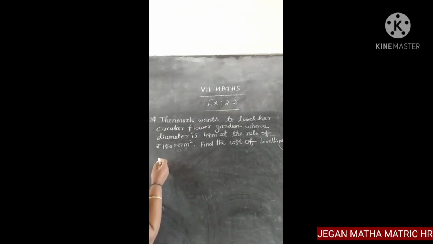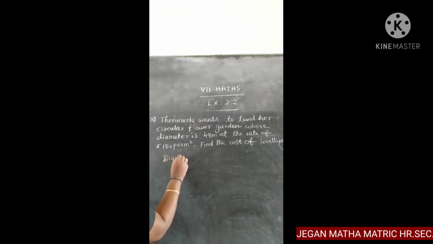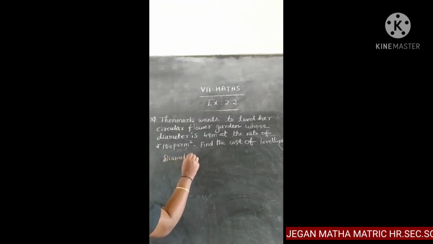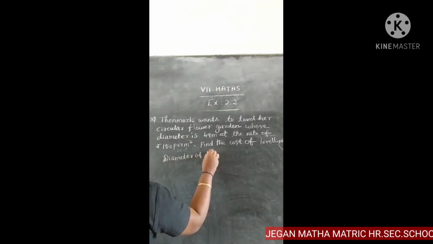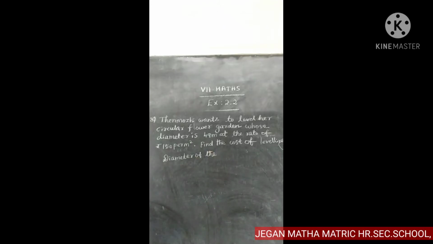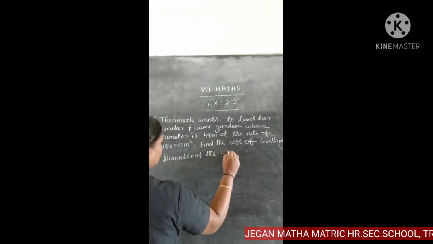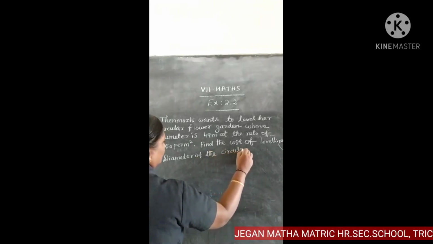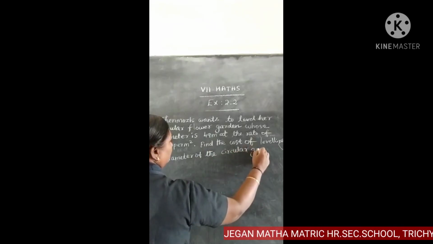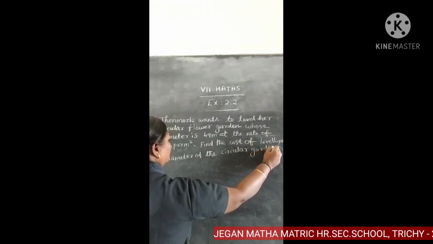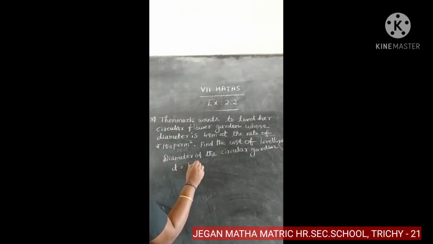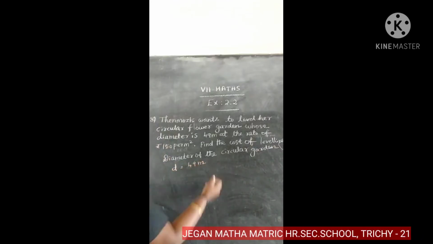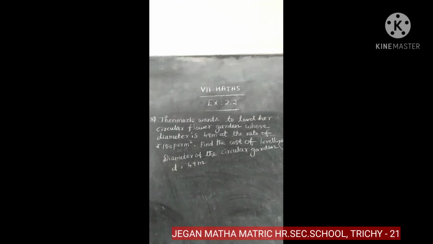The first line, diameter of the circular garden, D is equal to 49 meters.